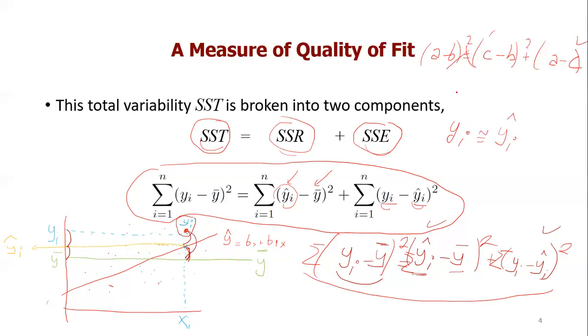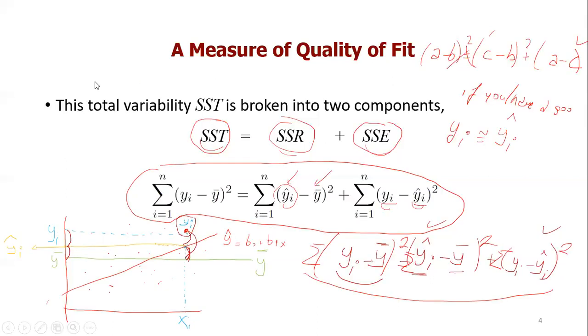So if you have a good model, then your real value will be almost equal to your predicted value. So what does it mean? You can predict the observations very, very well. If you can predict the observations very well, it means that your SSE will be almost equal to 0, right?